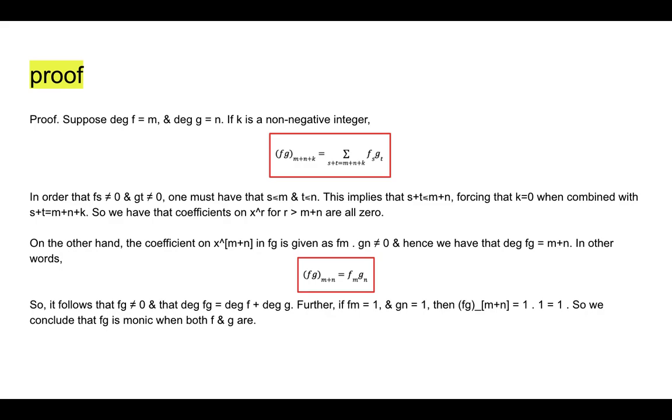Now, if f and g are both monic, meaning that their leading coefficients fm and gn are 1, then the coefficient on x to the power m plus n, the leading coefficient of fg, is also 1, because that is the product of 1 times 1. So we conclude that fg is monic when both f and g are.